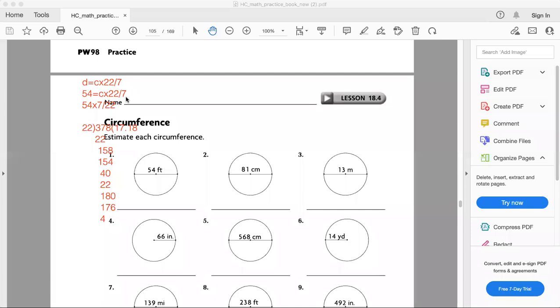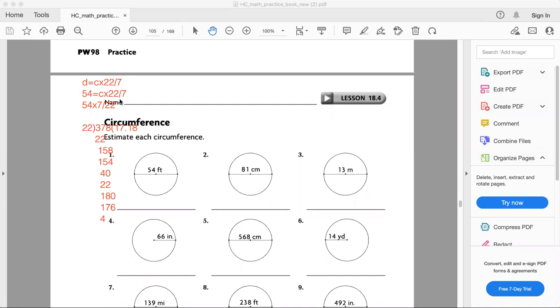Is it clear? Yes, ma'am. You can solve it by yourself. See, 54 foot is the diameter given.